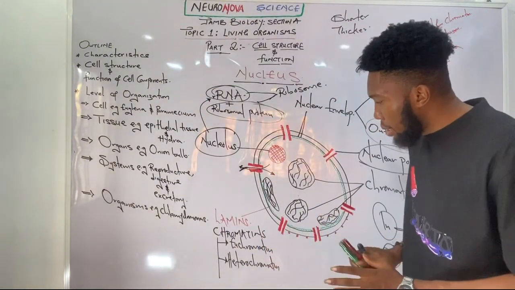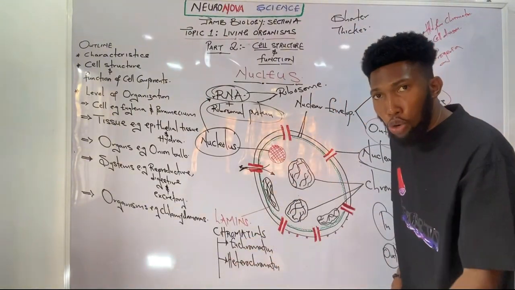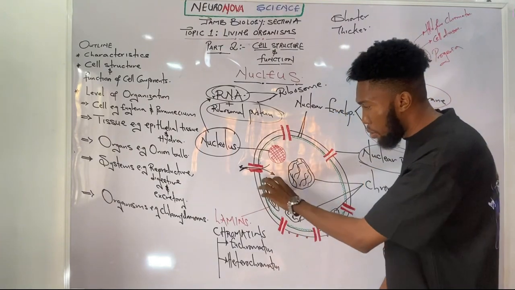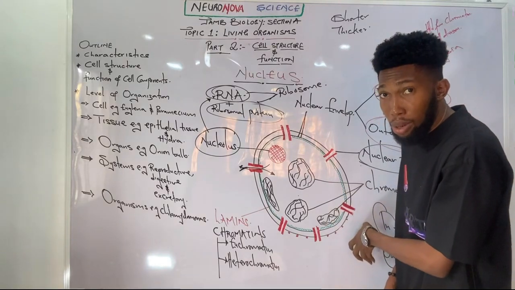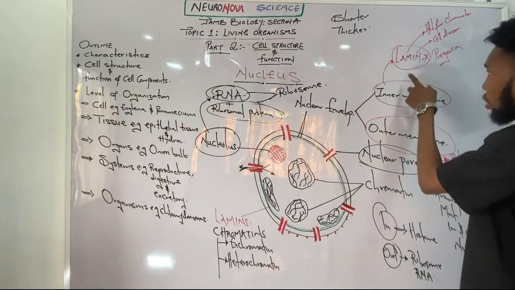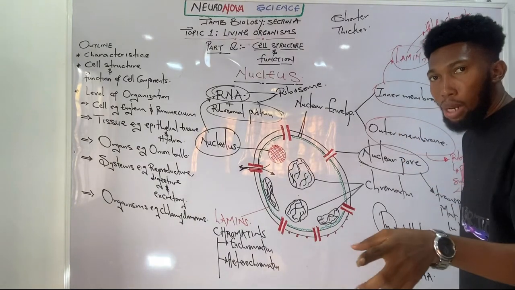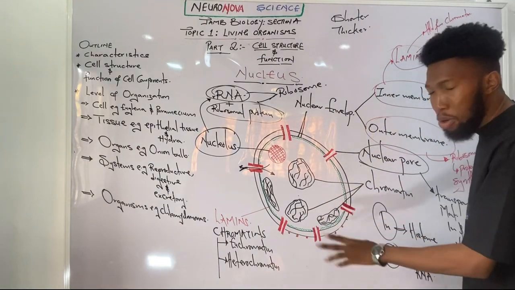Now, the point there is euchromatin are found at the middle of the nucleus, but heterochromatin are found more attached to the inner wall, held firm by the lamins I mentioned earlier.